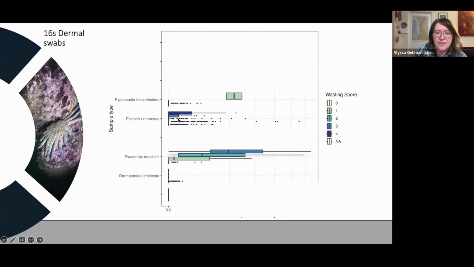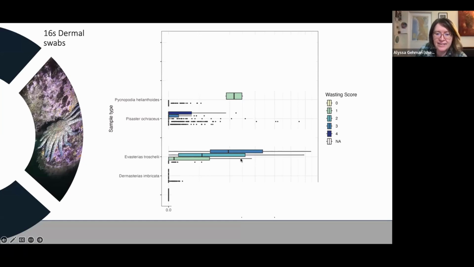Here's some ochre stars, which I've already shown you. There is VPEC associated with wasting in the lab. You can see that as you go up in color, you're getting more and more diseased. For ochre stars, you need to be in this very diseased state for the read abundance on the surface to really start to show up.